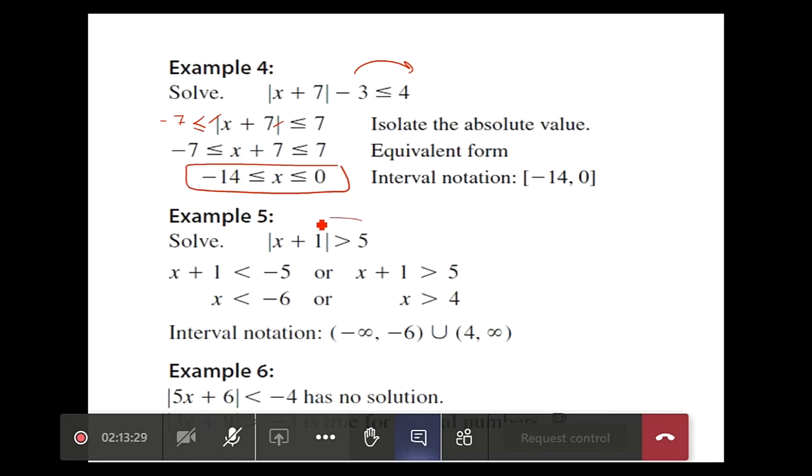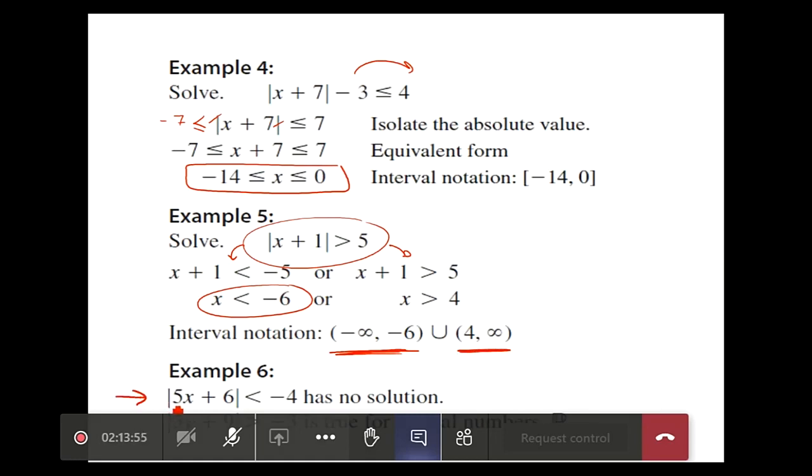Now if we have a greater than, this is separate: x plus 1 greater than 5 or less than minus 5, so we have x less than negative 6 and x greater than 4, from 4 to infinity.